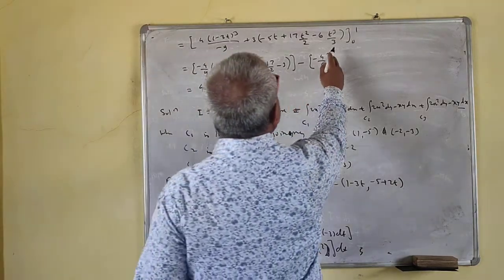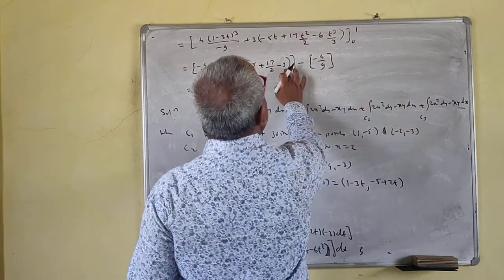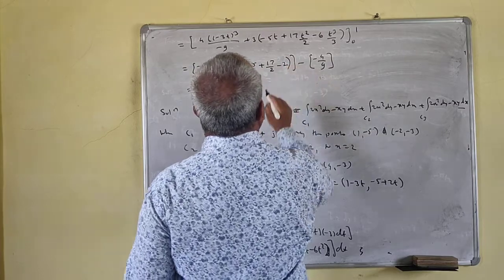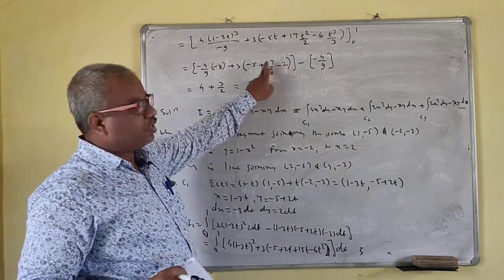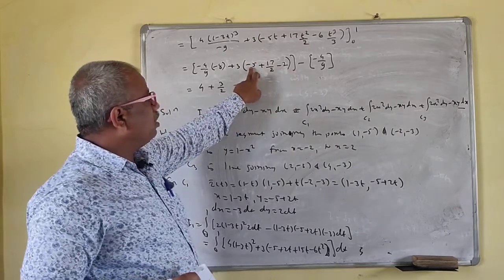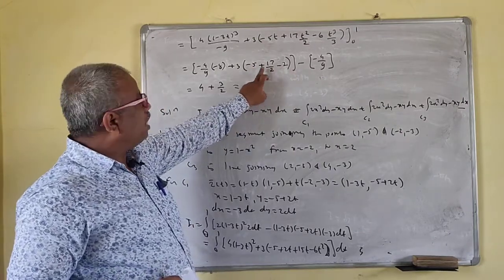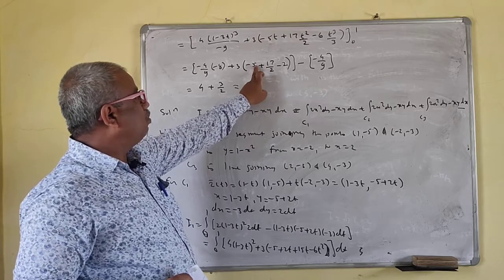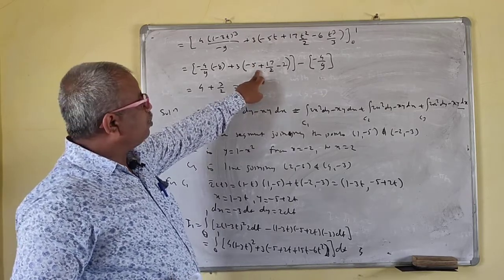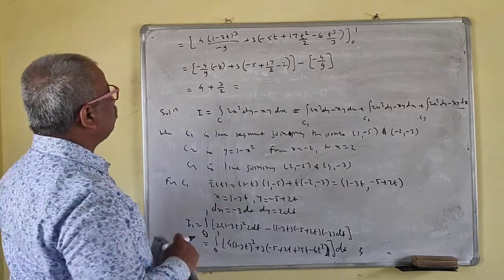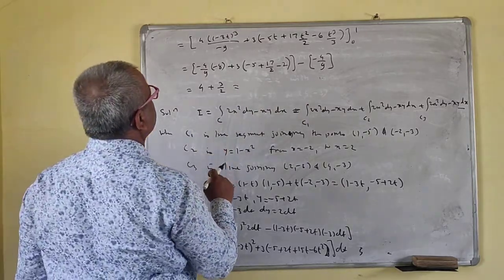Oh, this answer is 2 now. This is 2, not 3. So this is minus 7 now. Minus 7 into 2, so minus 14.